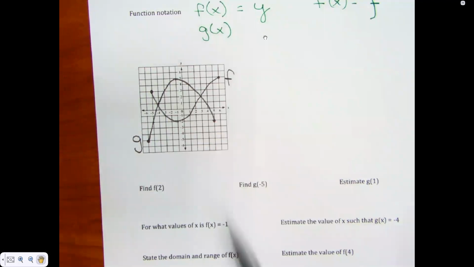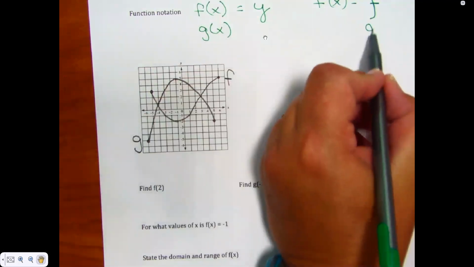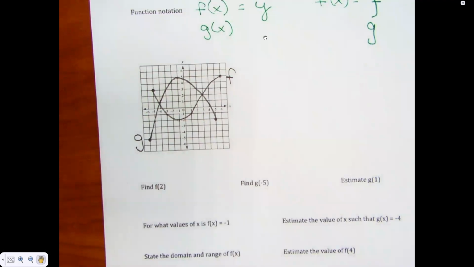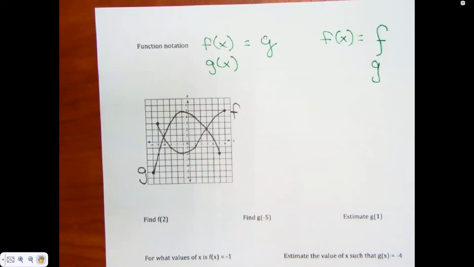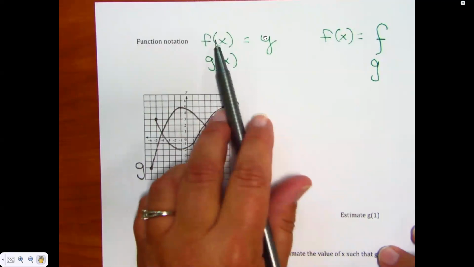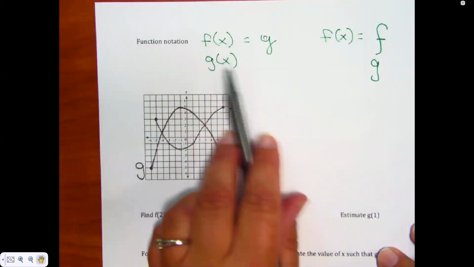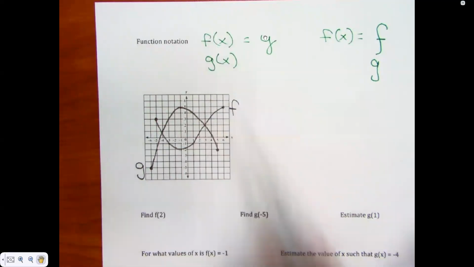And I don't even know how to make the g fancier. Maybe I kind of curve my g's anyways, but supposedly it's a little bit curvier. And that takes the place of the g of x. So they try to make their f a little bit fancier, and then they don't have to put this. They try to make their g a little bit curvier, and then they don't put that. So just know that that's the same thing as f of x and g of x.